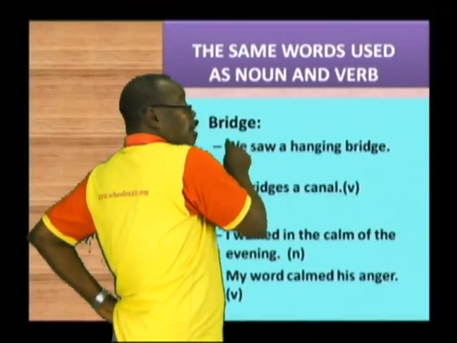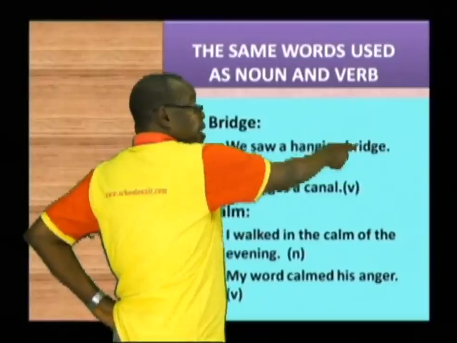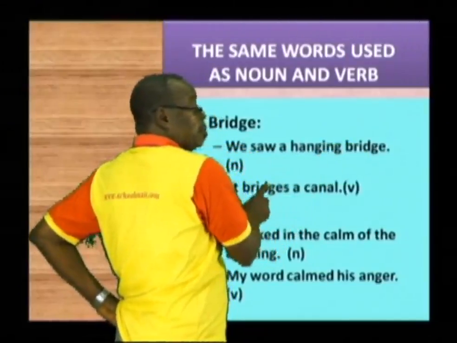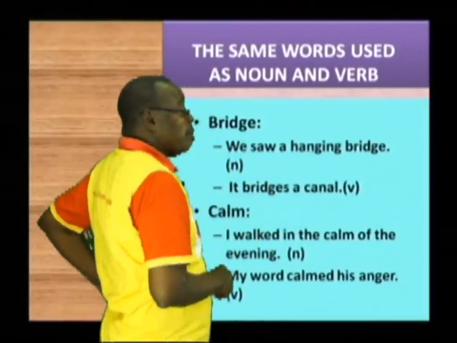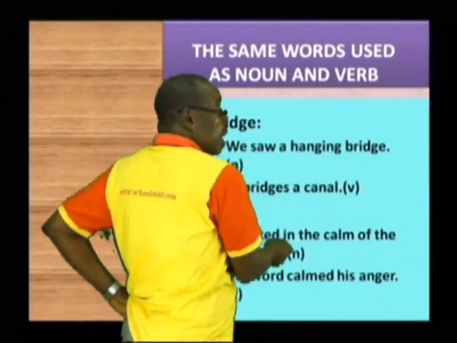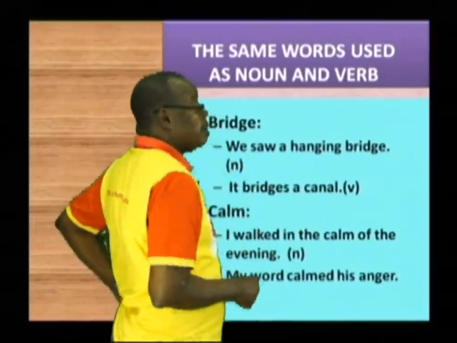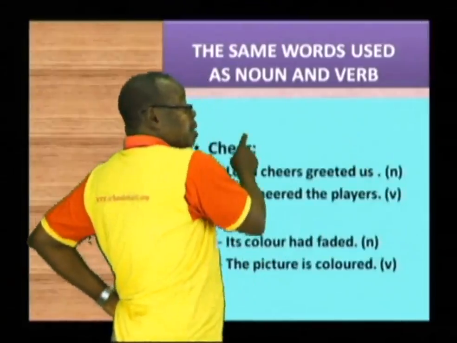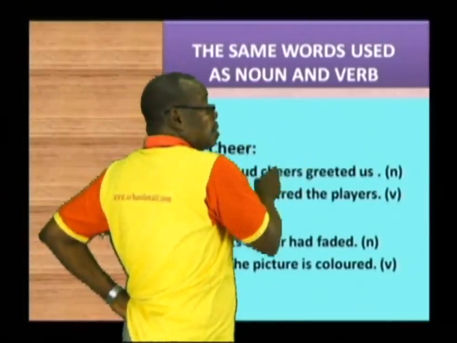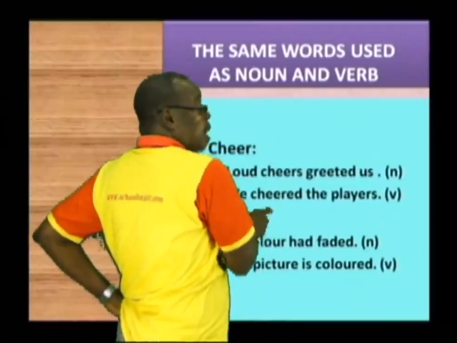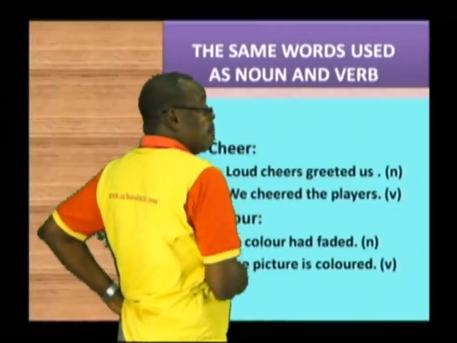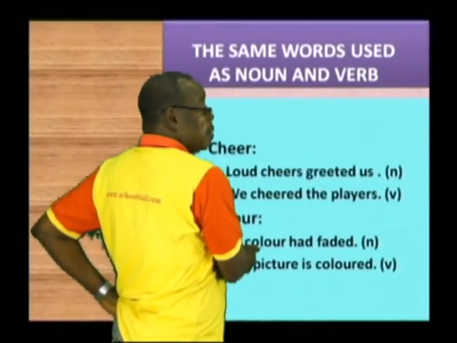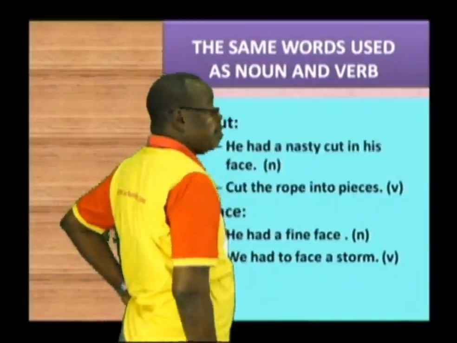Then you have bridge as a noun, bridge as a verb. And then you have calm, then calmed. Then you have chair as a noun, and then as a verb. Color as a noun, colored as a verb.